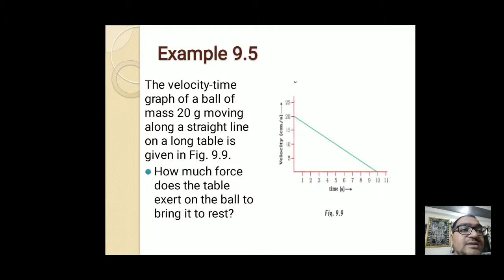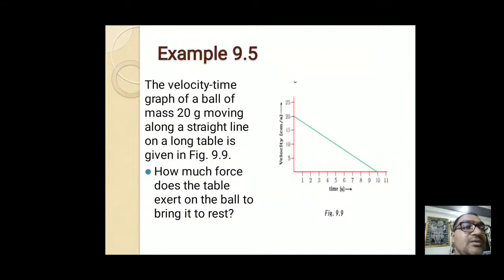Students, you can see the graph: the x-axis is denoted with time, and the y-axis is denoted with velocity, given in centimeter per second. The ball starts from 20 centimeter per second, and finally it comes to rest. Rest means zero, and on the x-axis, for reaching zero it takes approximately 10 seconds.